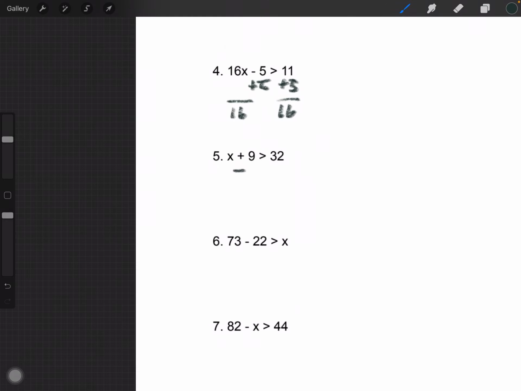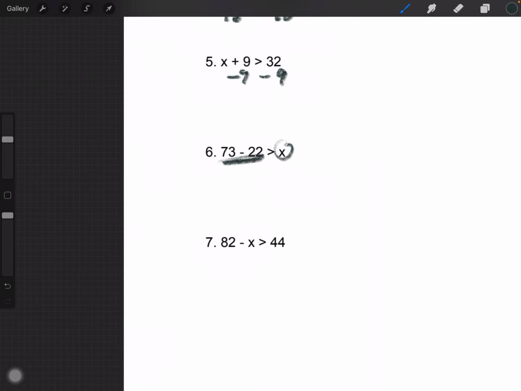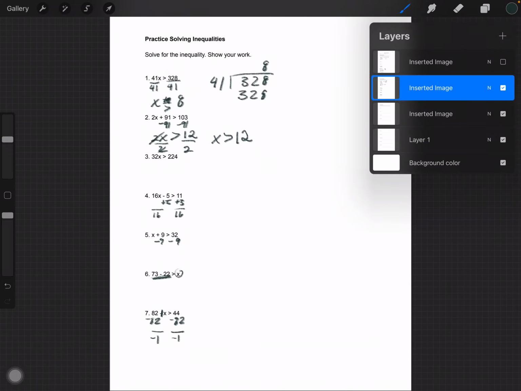This one you minus 9 from both sides. This one is already isolated, so you just simplify this. And this one, you want to subtract this, and then there's a negative 1. So you want to divide by negative 1 on both sides.